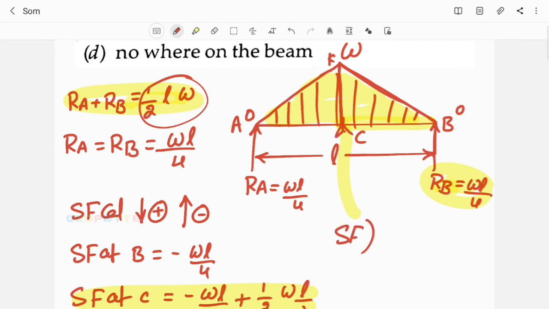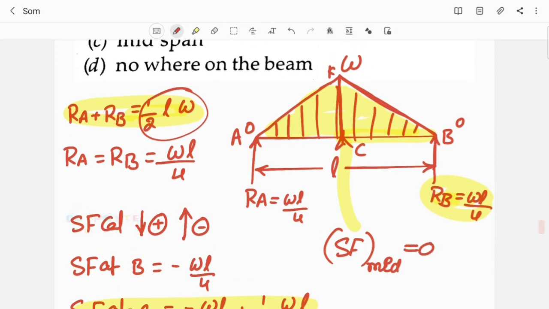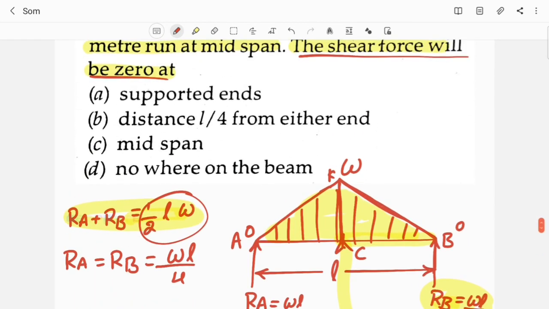Look at the options. The shear force will be 0 at support ends, no. Distance L by 4 from either end, no. Midspan, absolutely correct. Option C is absolutely correct. I hope you clearly understood. Look at the next problem.